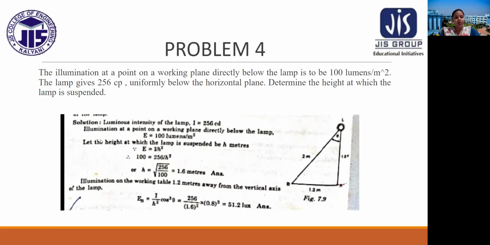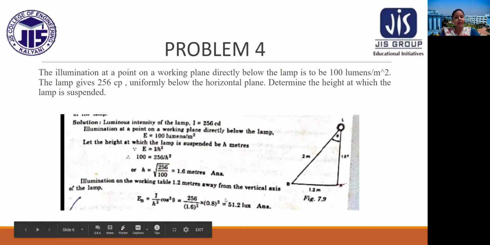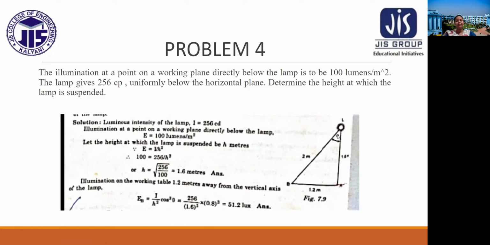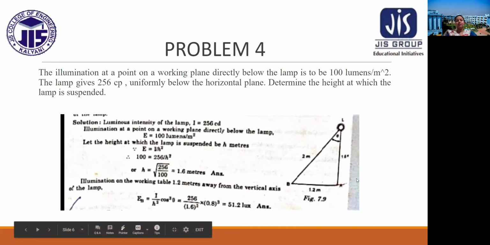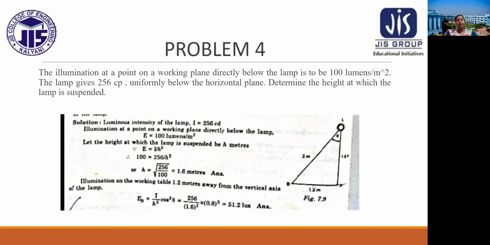Now illumination on the working plane 1.2 meter away of the lamp. So what will be the illumination on the working plane, which is 1.2 meter away? So we can find height directly. So it is 1.6 meter, and illumination on a working plane 1.2 meter away. So this is 1.2 and this is 1.6, and this is a right angle triangle.